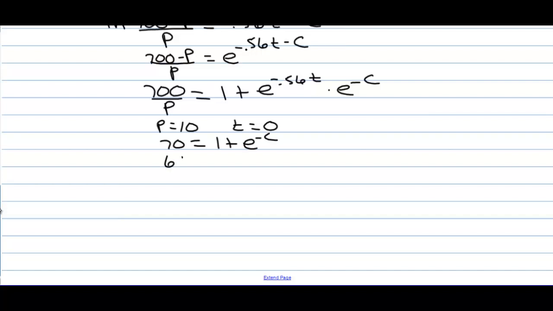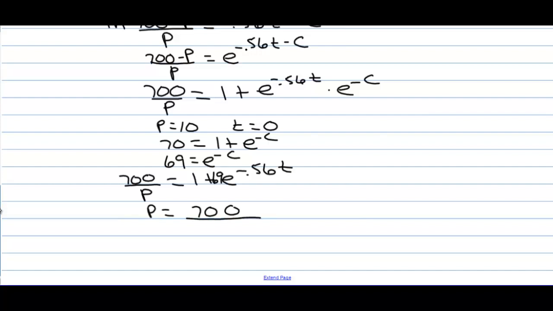We have 69 is equal to e to the -c. 700 over P is equal to 1 plus e to the -0.56t, and I guess we could put the 69 out front. It's usually the coefficient of e. P now is equal to 700 over 1 plus 69 e to the -0.56t.